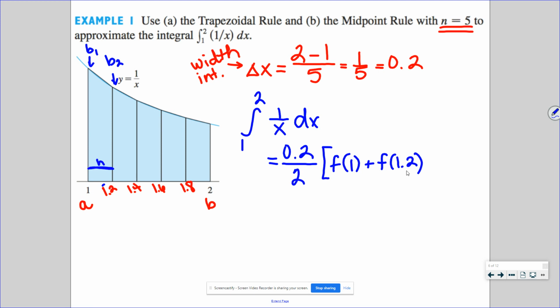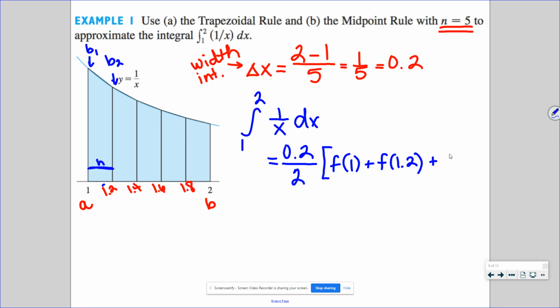That would be how to find the area of the first trapezoid. Since I chose to pull the height divided by 2 part outside, I can just continue in this bracket by writing base 1 plus base 2, one trapezoid at a time. So this first f of 1 plus f of 1.2 represents base 1 plus base 2 in trapezoid 1.